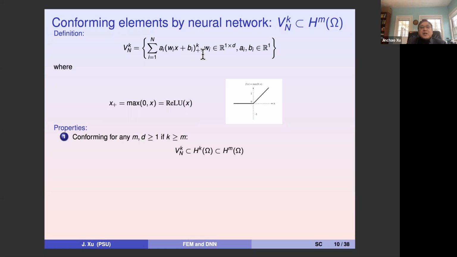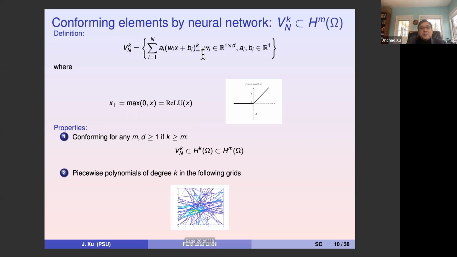So it becomes a piecewise polynomial of degree k in the following grid. If you look at the things here, it's a piecewise polynomial. Look at this, this one is a linear function, okay? In multi-dimension, you raise it to the power k, it is still polynomial. But the discontinuous part, the element boundary, is the level set of this linear function.